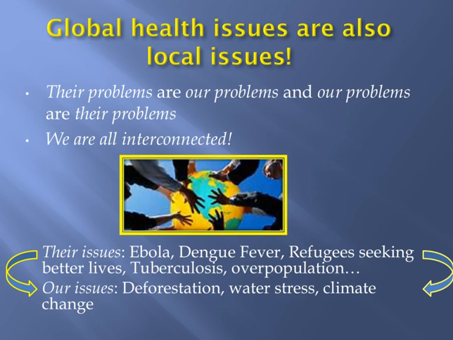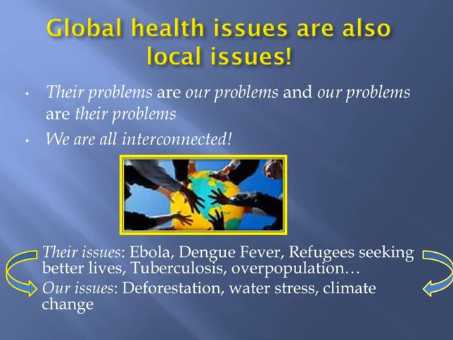Global health issues are also local issues. Their problems are our problems, and our problems are their problems. We are all interconnected all around the world. So an example of what their issues may be, for instance, Ebola in Africa, dengue fever, refugees seeking better lives in Syria, in Iraq, and wherever they may be, tuberculosis, overpopulation challenges.